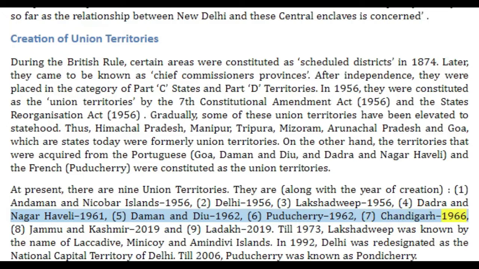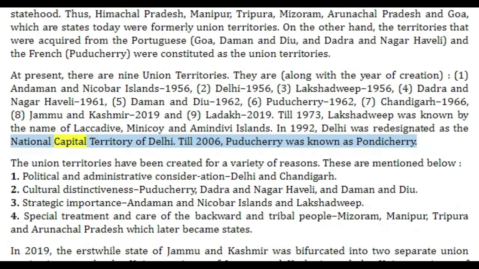Chandigarh, 1966, 8. Jammu and Kashmir, 2019, and 9. Ladakh, 2019. Till 1973, Lakshadweep was known by the name of Lakshadweep, Minicoy, and Amindivi Islands. In 1992, Delhi was redesignated as the National Capital Territory of Delhi. Till 2006, Puducherry was known as Pondicherry.